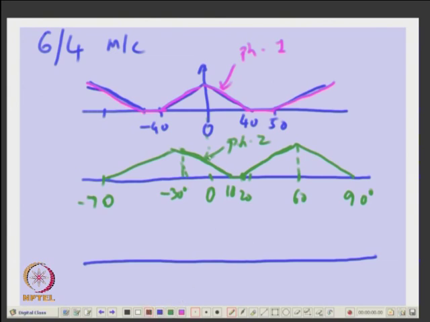Phase 3 will be starting from minus 10 to plus 30 or something. Unfortunately, they are not in proper scale, you have to bear with this. Minus 20, it goes like this.